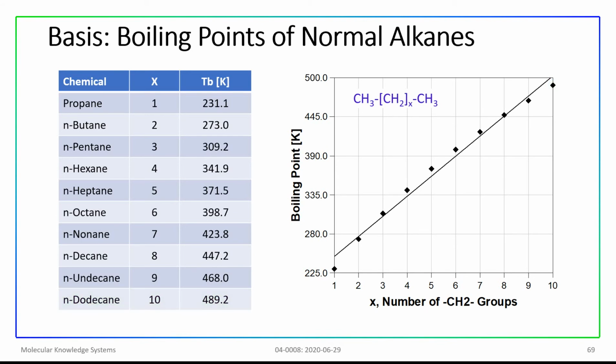If we regress a line to these points, we see that the deviation between the regressed line and the actual data is fairly small. The slope of this regressed line equals the amount the boiling point changes as we change the number of CH2 groups in a molecular structure. This value is a group contribution, specifically the contribution of the CH2 group for the normal boiling point.